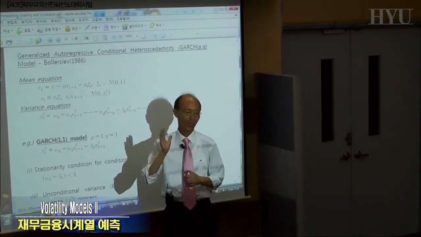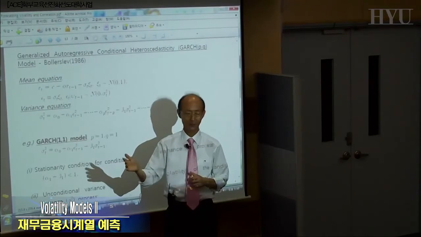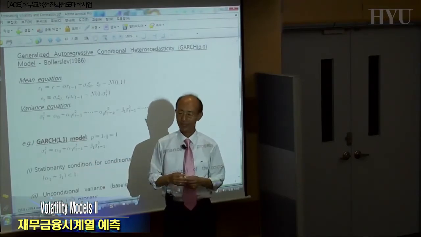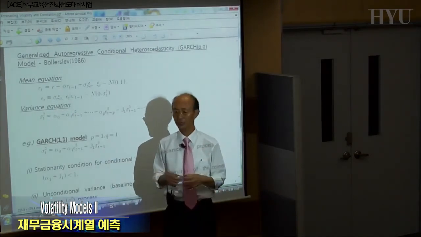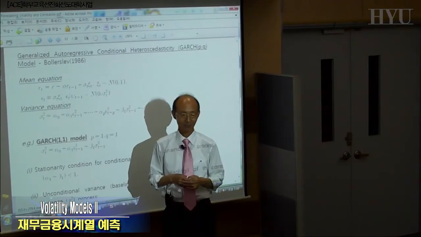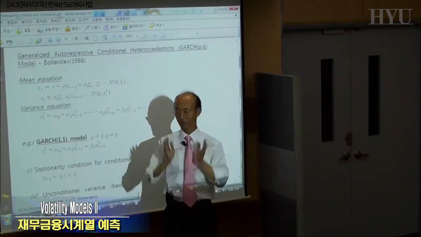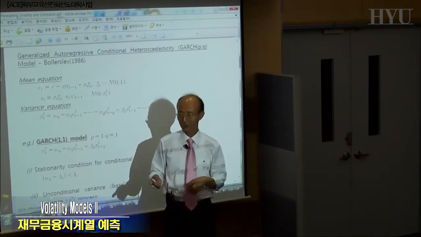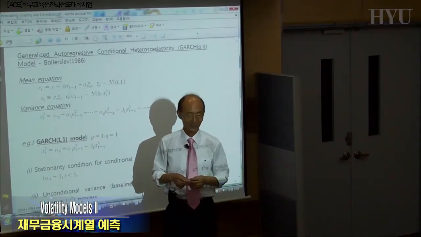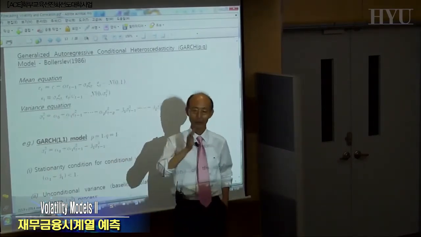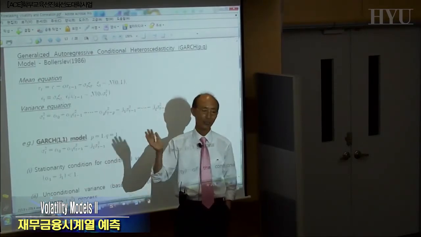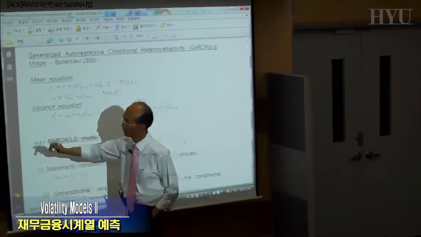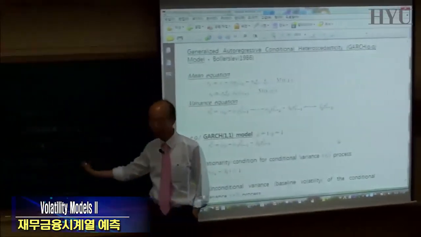And Robert Engle and his colleague, Professor Granger, who passed away several years ago, looked more like Kenny Rogers, the singer, with a big white beard. Probably you don't remember him. Those two people were awarded the Nobel Prize for their contribution in the field of volatility modeling.